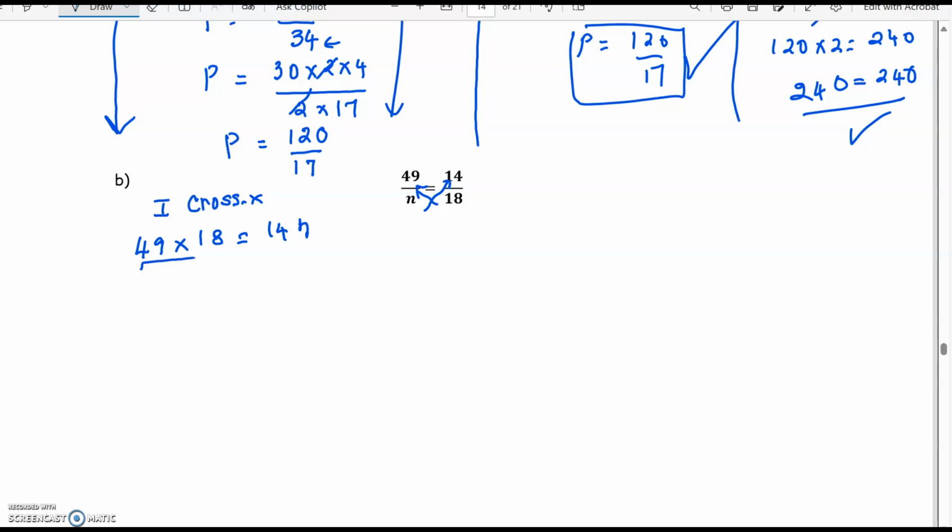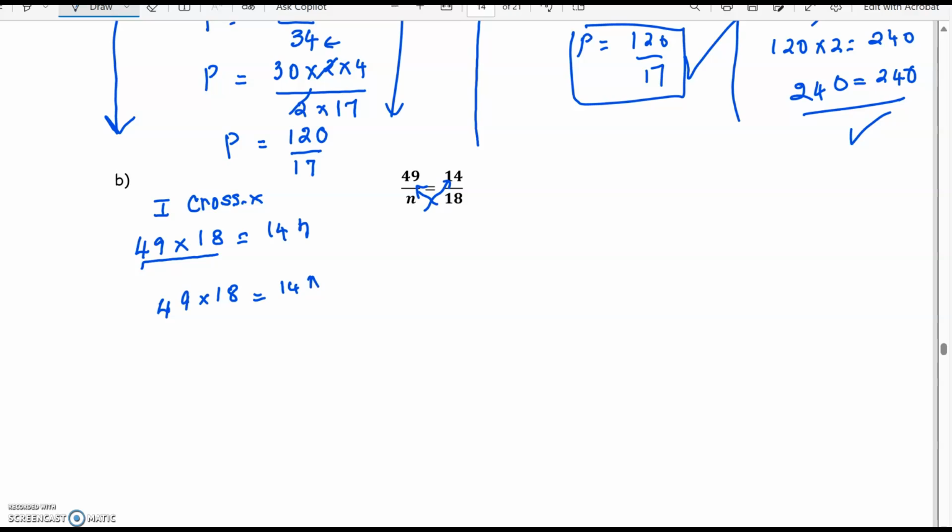Notice that I'm not going to multiply the 49 and 18 as yet, because I want to see if something cancels before I combine it and make it a large number, since I'm not going to be using my calculator. So 49 times 18 is equal to 14n.